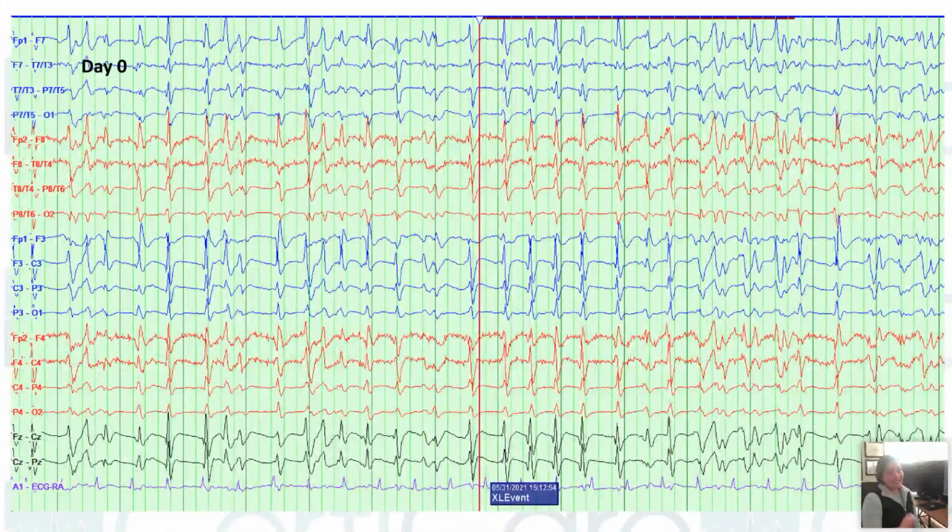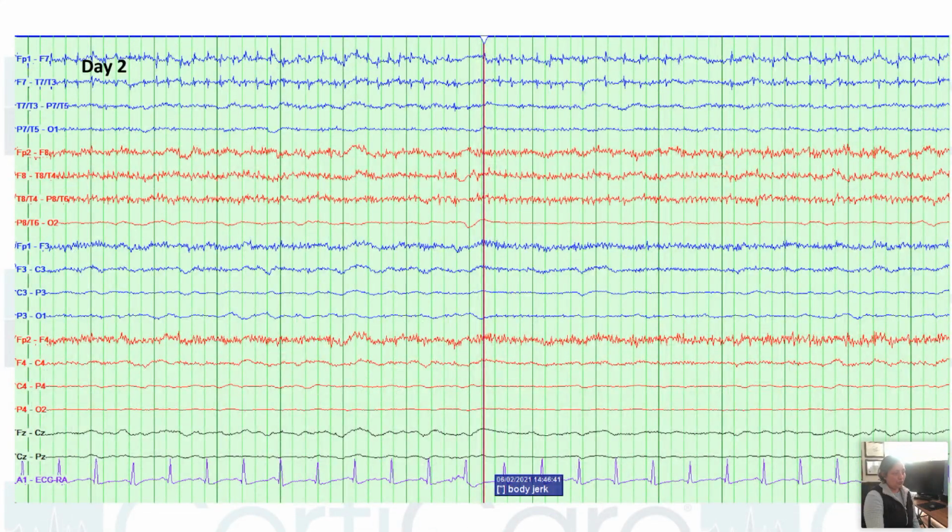So that is how the EEG is changing in just 1 day, the day of cardiac arrest. Now here, the patient is having 2 to 3 hertz GPDs. That means the patient is basically in status. And day 2, some myoclonic jerks will start to appear, but the background is completely attenuated now.